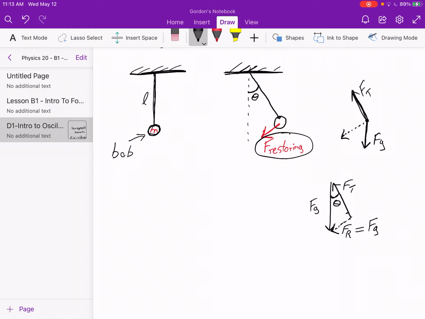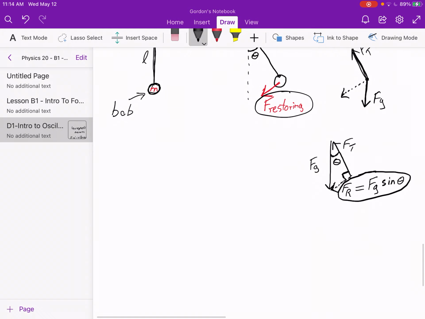We've got a right angle triangle, and so we can say it's equal to the force of gravity, but it's equal to just the component pointing in that direction. And this one's a little bit tricky to remember. So most of the time, you can jump straight to this equation here and say that your restoring force is just going to be equal to your force of gravity times sine of theta, sine of your angle.